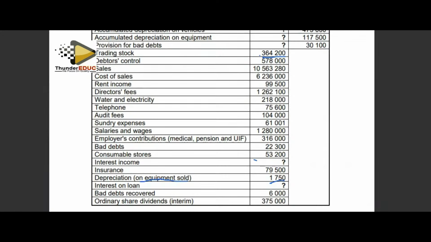So what I'm going to do, I'm going to get the 398,000 and I'm going to deduct the cost price of what was sold, okay? Then I'll be able to calculate the depreciation for the remaining vehicle, which was not sold. So the total cost price is 398,000, okay?